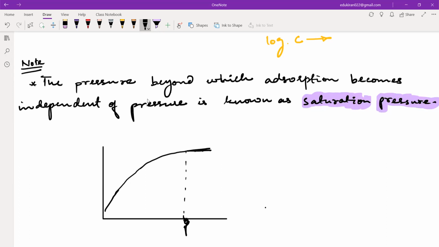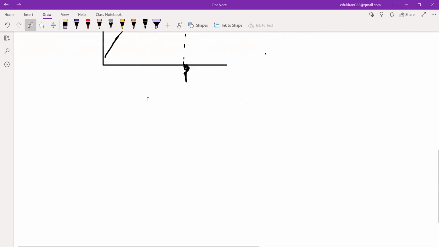Okay, fine. So these are the things about adsorption and absorption, and we have learned these terms. Now we have to start colloidal solution. Okay, colloidal solution.